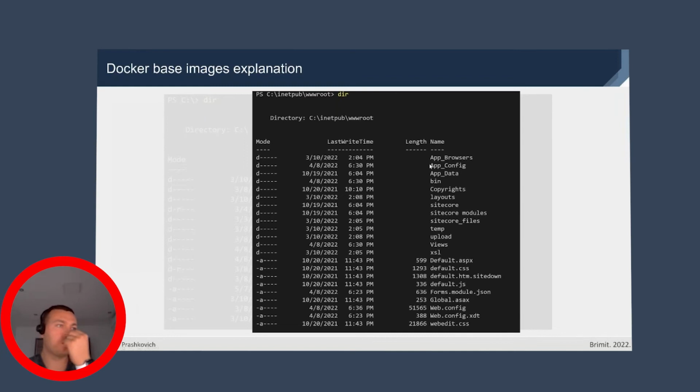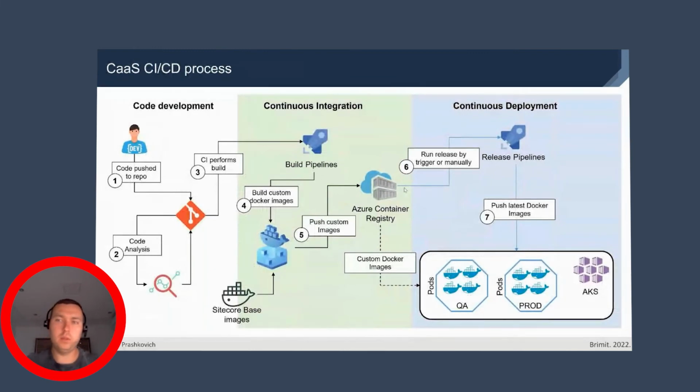So this is how containers look inside. This is just a representation of the operating system with Sitecore or any other application pre-installed. And now this is the time when we can switch to the actual deployments for Kubernetes.